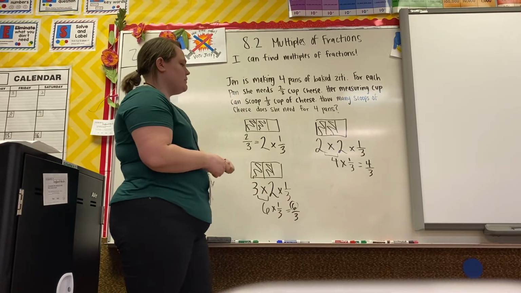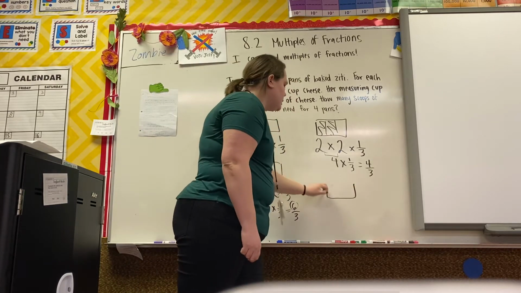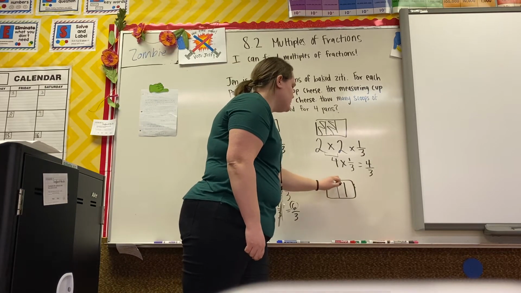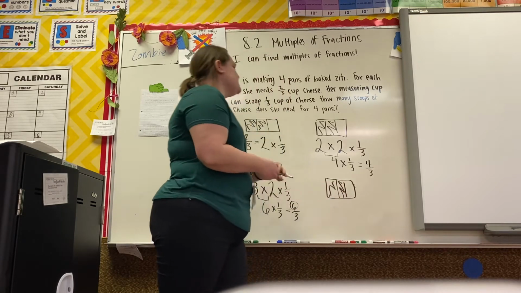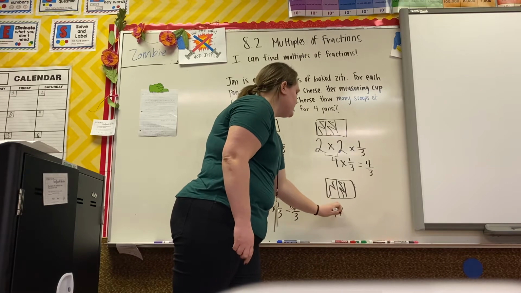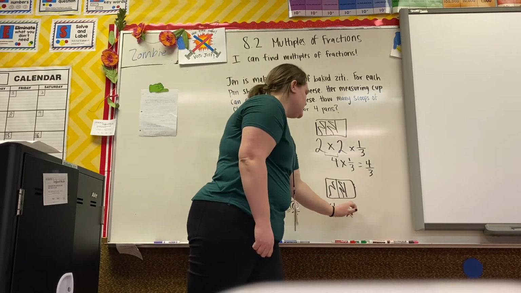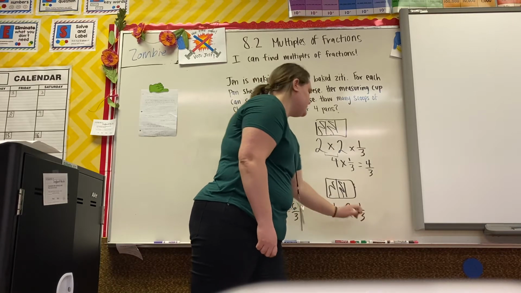Well, we want to know how many for 4 pans, so let's solve for our 4th pan. So, again, since this is my 4th pan, pan number 4, I'm going to times it by my 2 times 1/3. Okay?